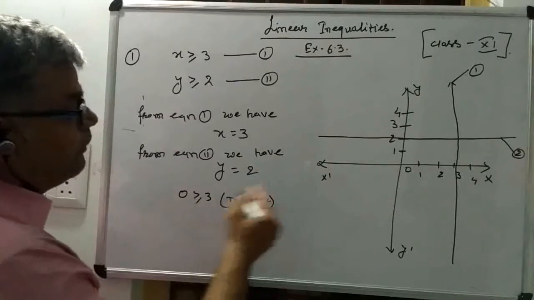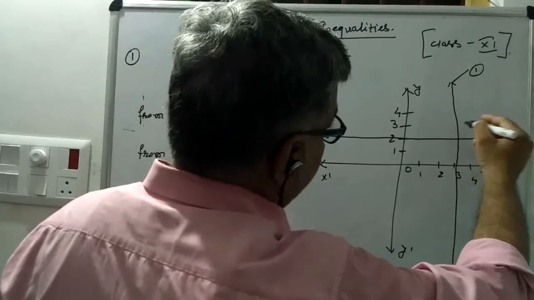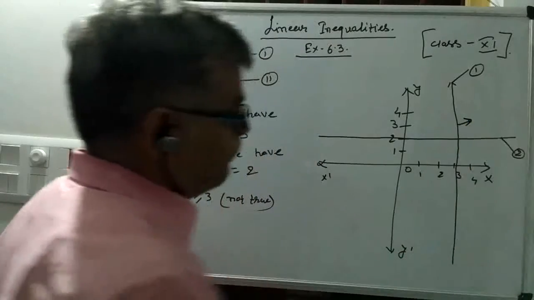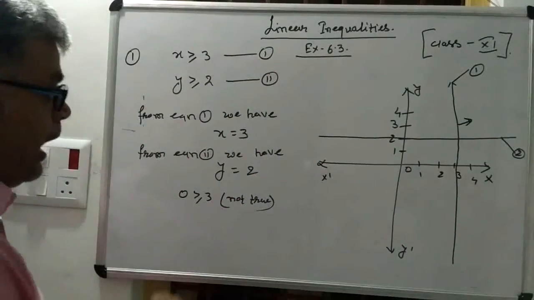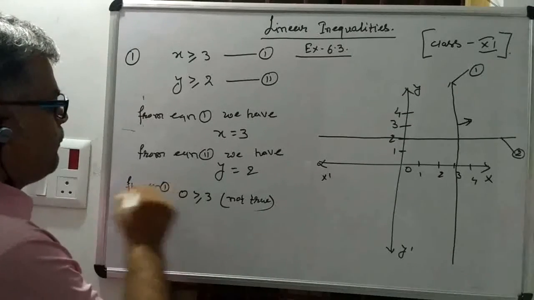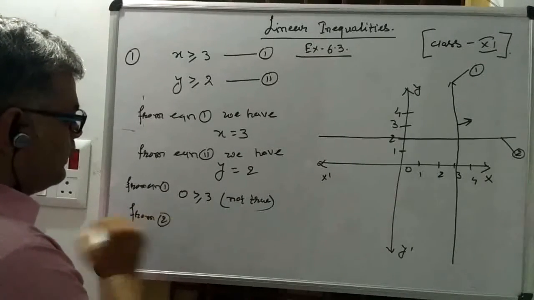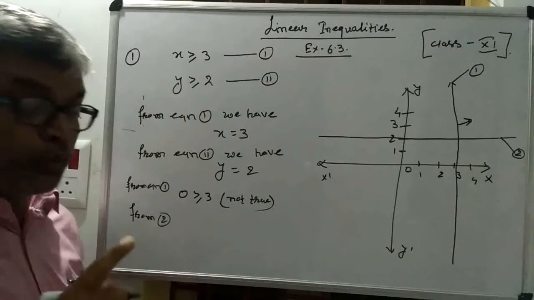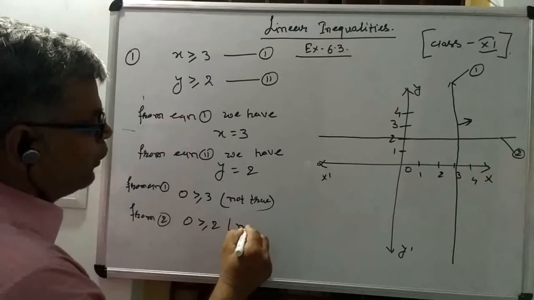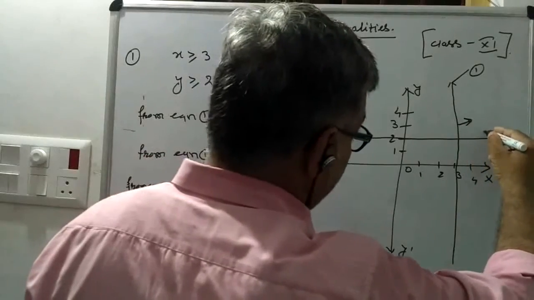It means that from the first inequality we have to take the side away from the origin, that is, this part. This is from inequality 1. Now from inequality 2, y is greater than or equal to 2. When you put 0 is greater than or equal to 2, this is also not true. It means that in the second inequality you have to take the upper part.